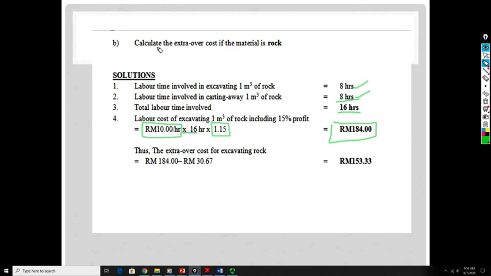The question is, you need to calculate the extra over cost, meaning that 184 here, you need to minus the cost for the soil, and the answer will be 153 ringgit and 33 cent. That is the extra over cost if the material is rock.